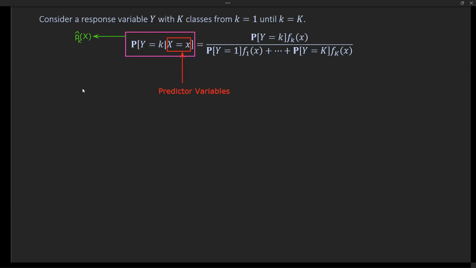So each time the green notation is telling you the probability of this observation being classified as class K given the X information, which we've already said may very well be a vector. It may consist of more than a single characteristic or predictor variable.